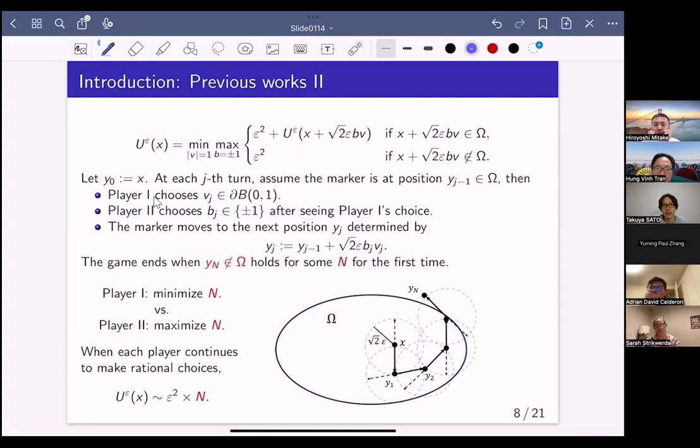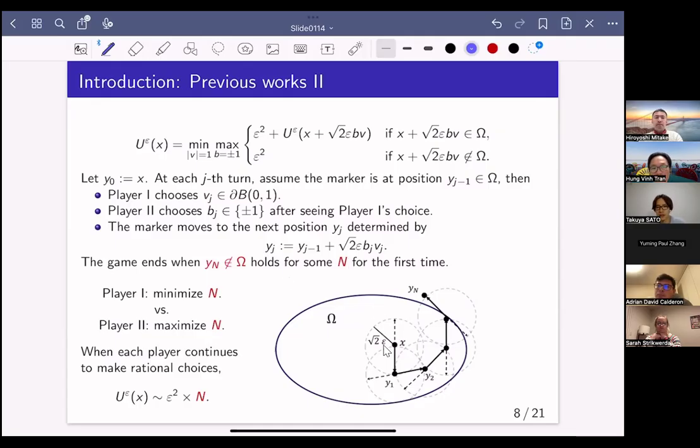There are two players. First, player 1 chooses a unit vector v_j from the unit sphere, and after seeing player 1's choice v_j, player 2 chooses a sign, plus or minus 1. After the two players' choices, the marker moves to the next position, named y_j, determined by this equality.